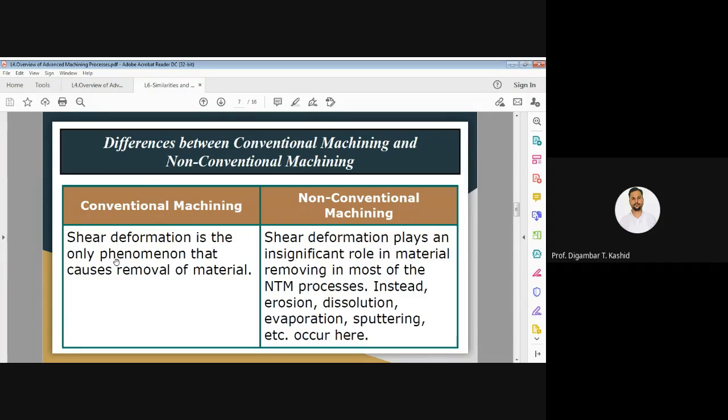But in non-conventional machining, shear deformation plays an insignificant role in the removal of metal in most processes. Instead, we have different causes like mechanical erosion, chemical dissolution, electrochemical dissolution, and melting and evaporation. In ion beam machining, we have sputtering, and so on, occurring while removing the metal.